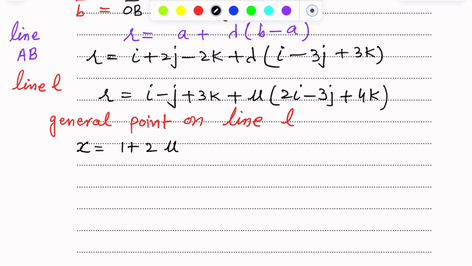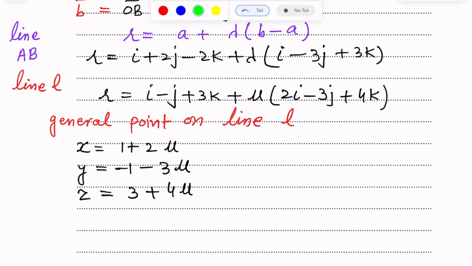In the same way, y coordinate of the general point on line L will be minus 1 minus 3 mu. z coordinate will be 3 plus 4 mu. These are the coordinates of the general point on line L.